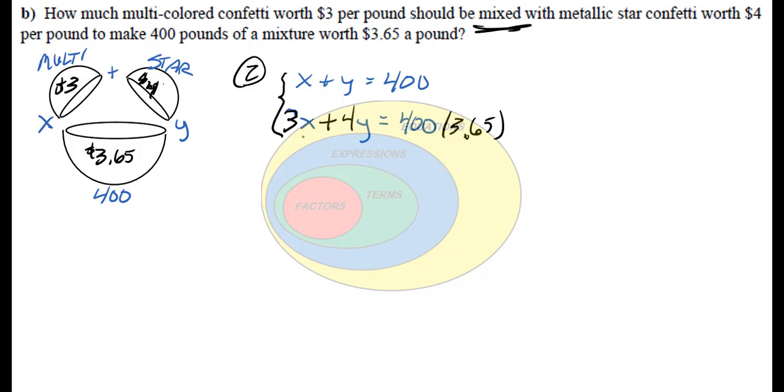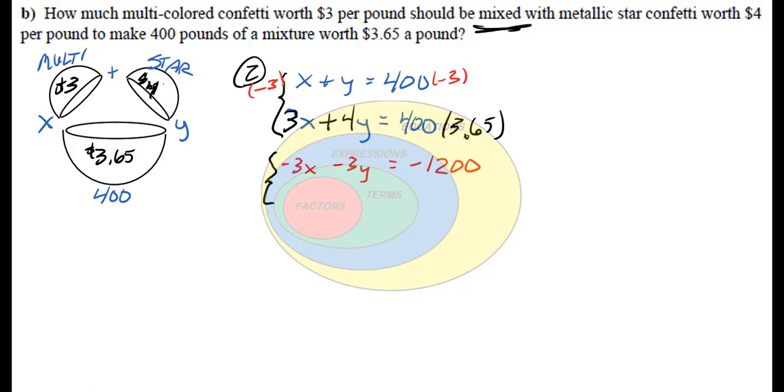Again, I want to use the elimination method. I'll get rid of the X terms by multiplying the top by -3 on both sides, and rewriting the system as -3X and -3Y equals -1200.